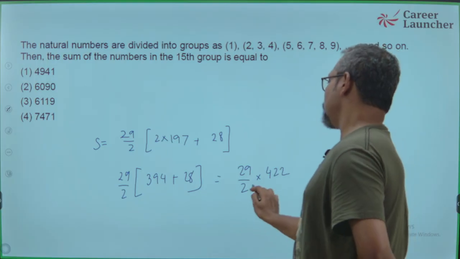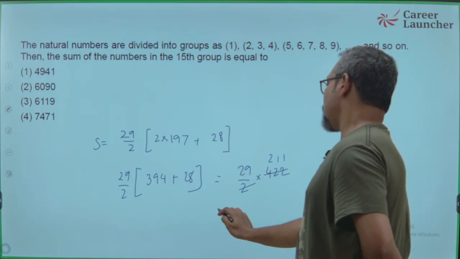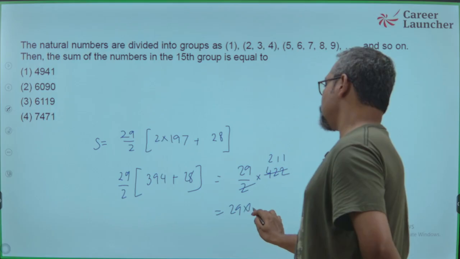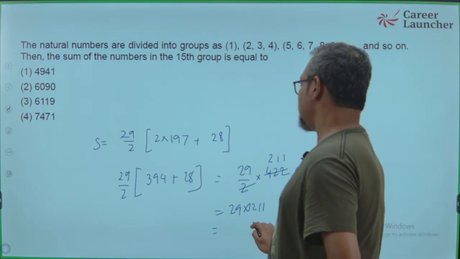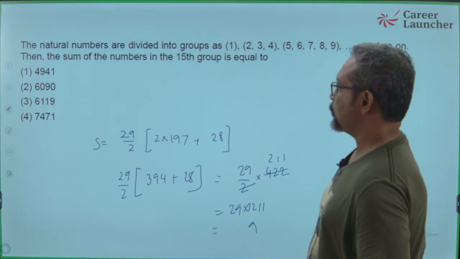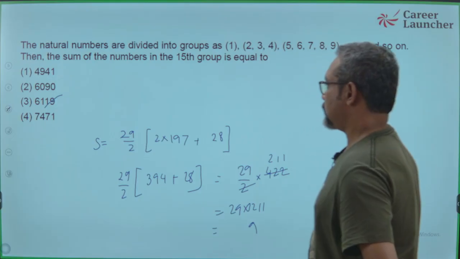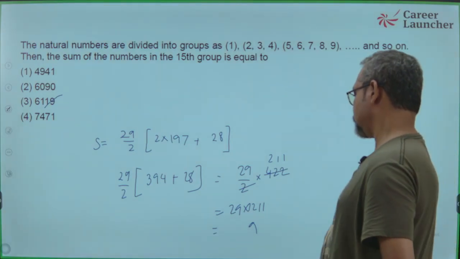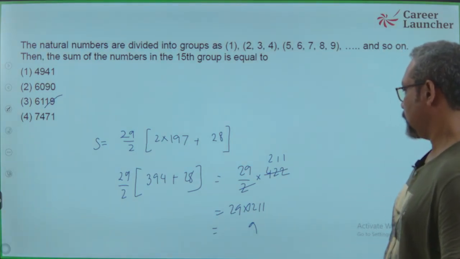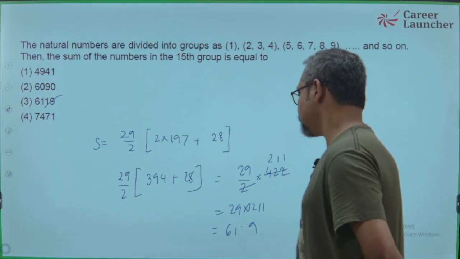So that's 29 times 211. So it will end in a 9. So it has to be the third option, 6119. Okay, 6119. That is our answer.